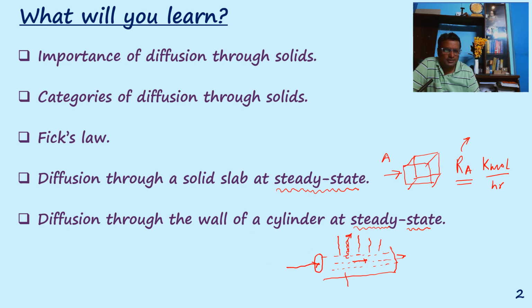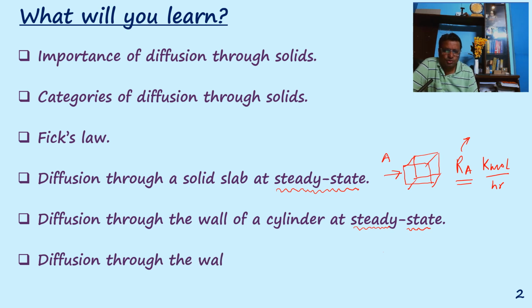Then the third case is I'll be talking about diffusion through the wall of a spherical shell or a sphere. Diffusion through the wall of a sphere at steady state. So again, there are spherical vessels in which liquids or gases are stored.